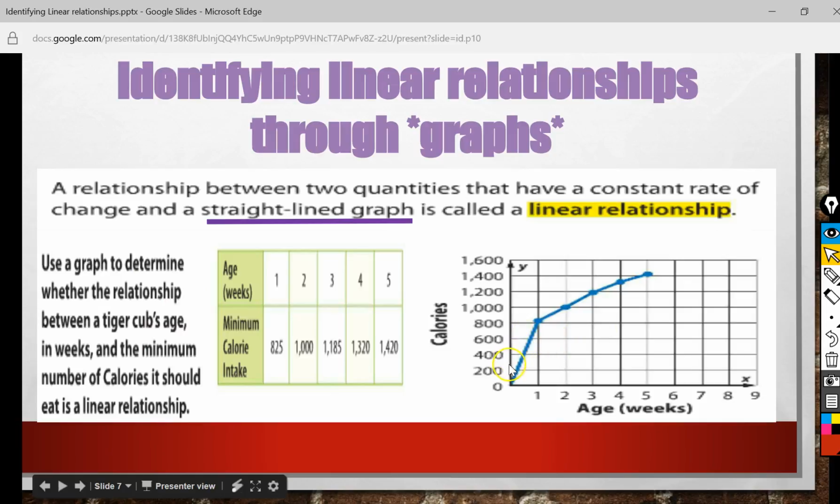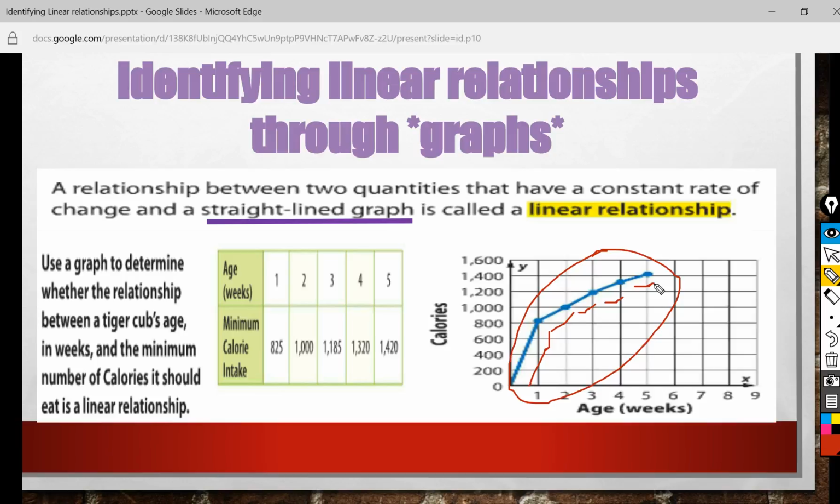Okay, so looking at this graph right here, we can see that it is not straight. It has a series of straight connected lines, but it is not one straight line. So therefore it is not linear.